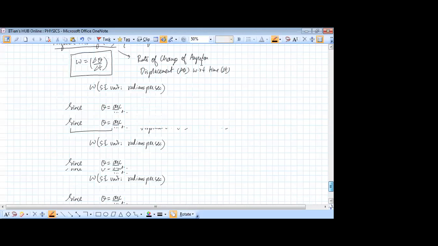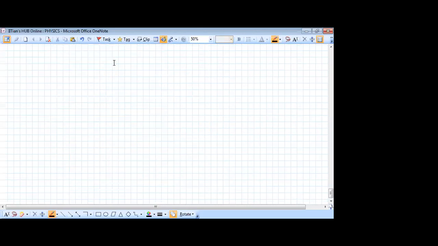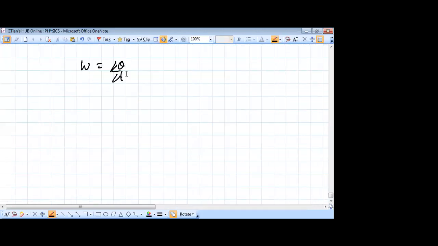So we just saw that the definition of angular velocity is delta theta by delta t. If I multiply both sides with r, I'll get this.